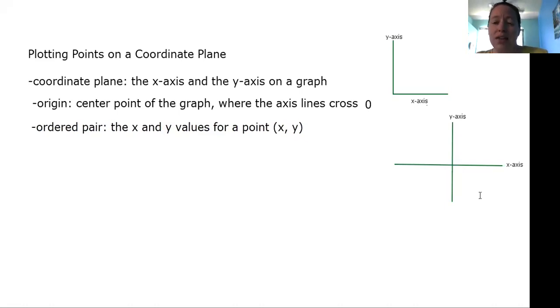I'm thinking that we should probably put in what the quadrants are for everything, simply so that you have them. This is quadrant 1.